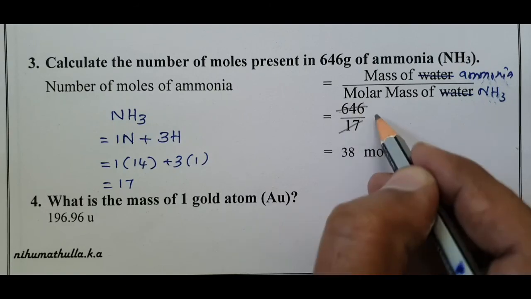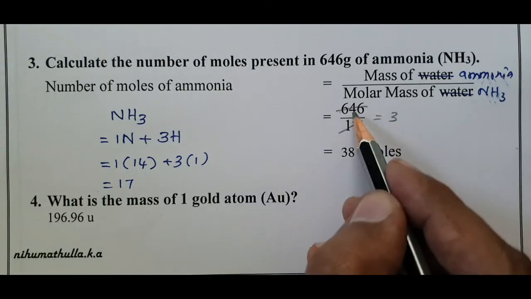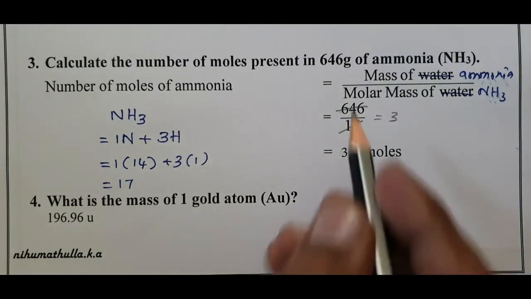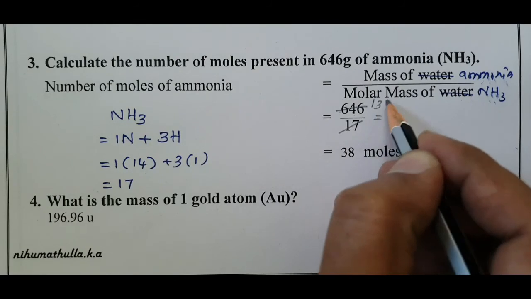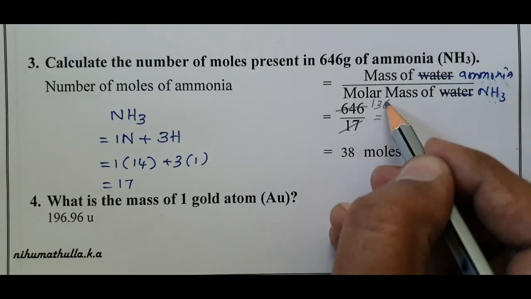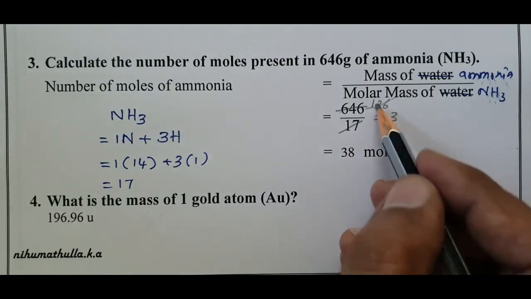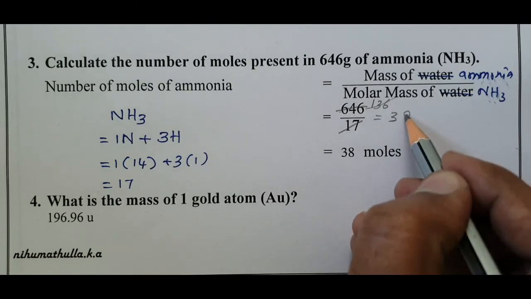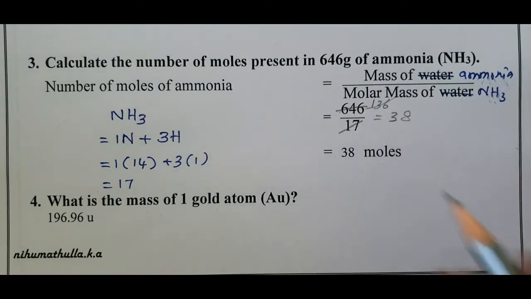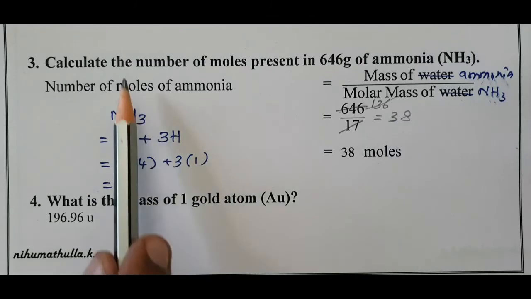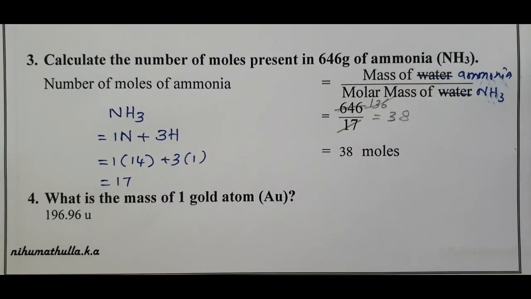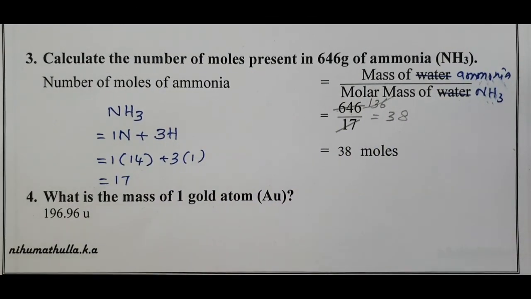How many 17s are there? 3 17s are 51. Remaining 13. So remaining we have 136. 1 17 is 17. How many 17 in 136? 8 17s in 136. 38 moles. Number of moles present in 646 gram of ammonia is 38 mole.